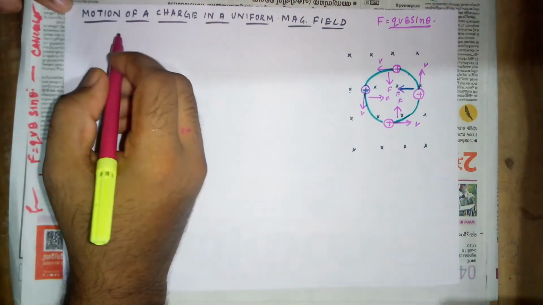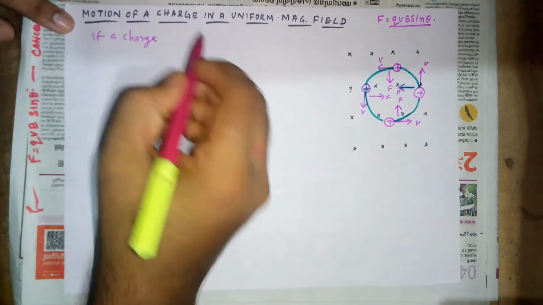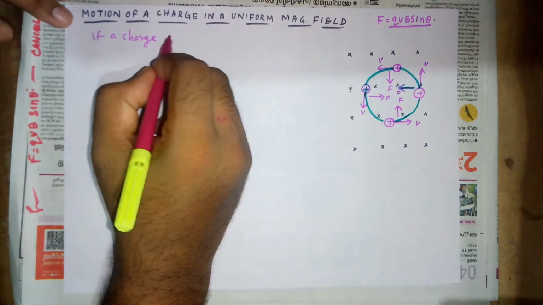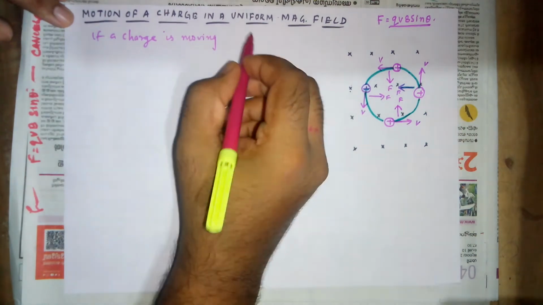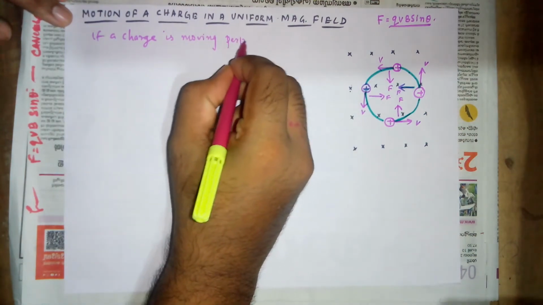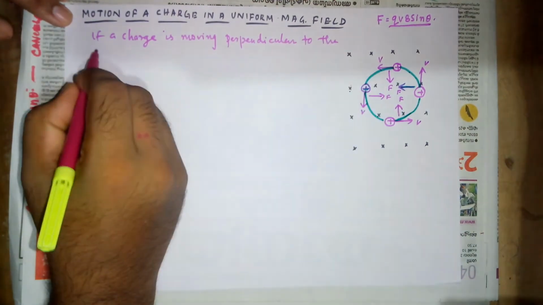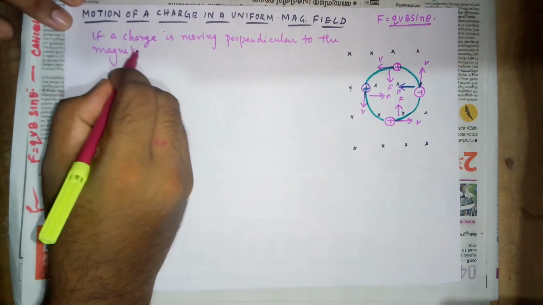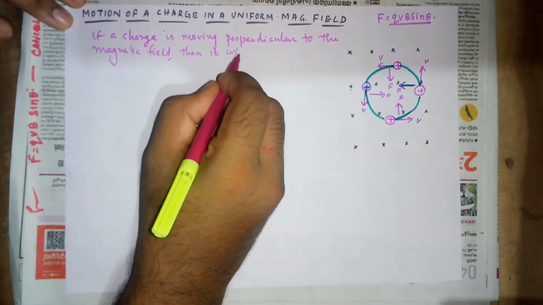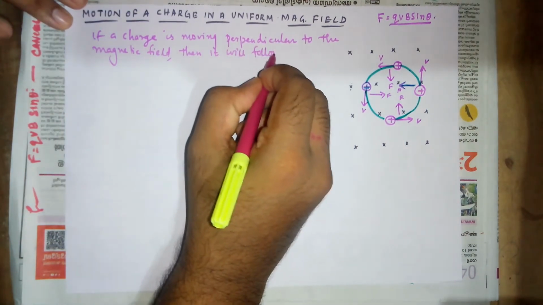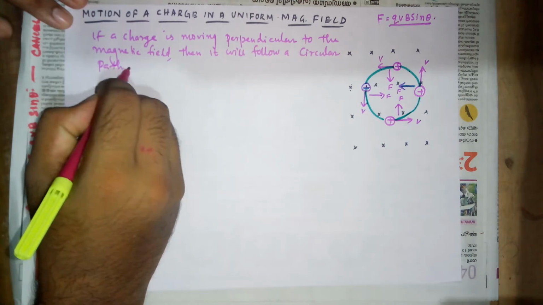So we can write a statement here: if a charge is moving perpendicular to the magnetic field, then it will follow a circular path.